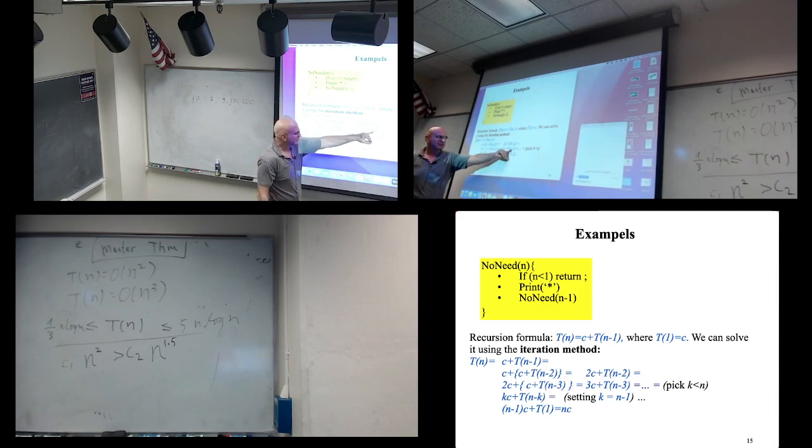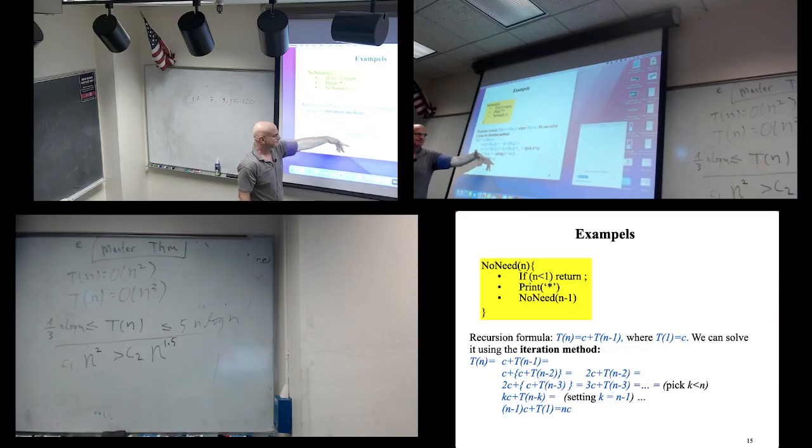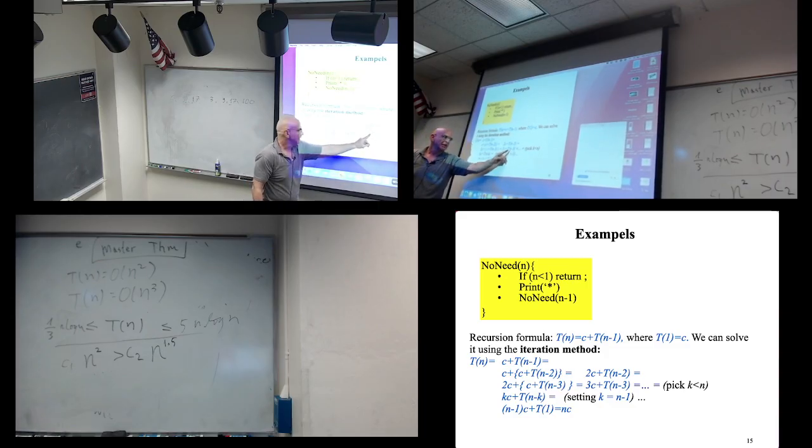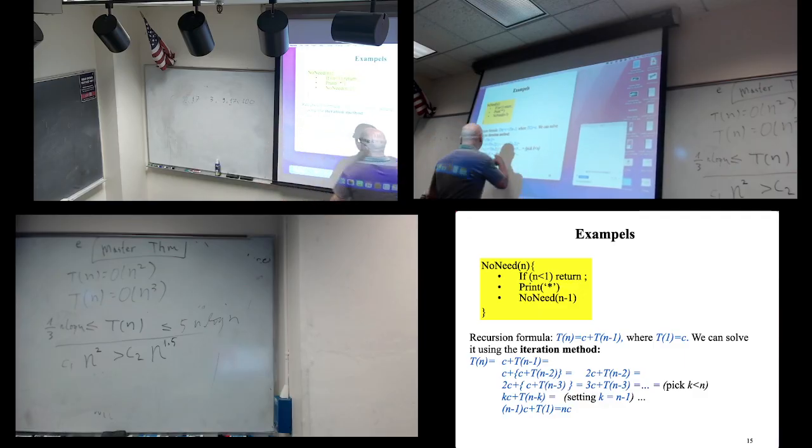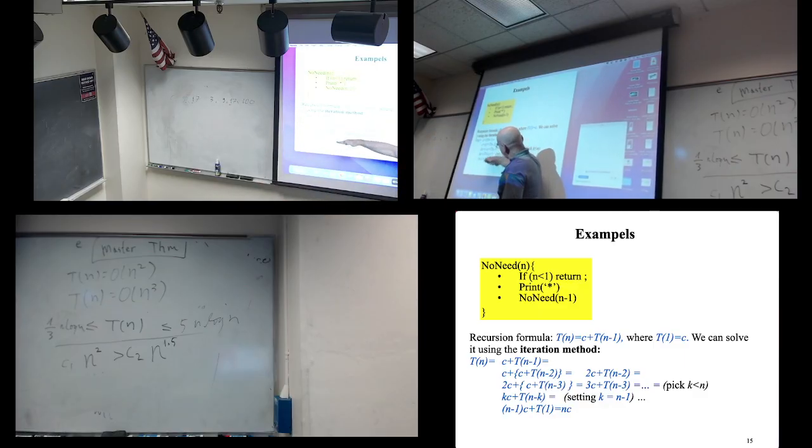And at this point, I start to understand what's going on. So let's pick some value of k that is smaller than n. What happens when I call this function T of k? For any arbitrary k smaller than n, what happens with the c?